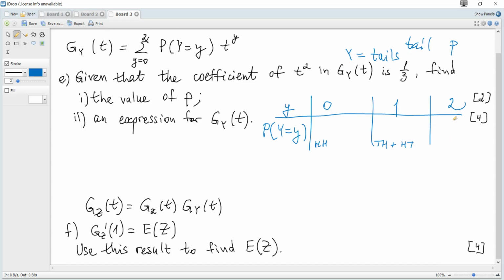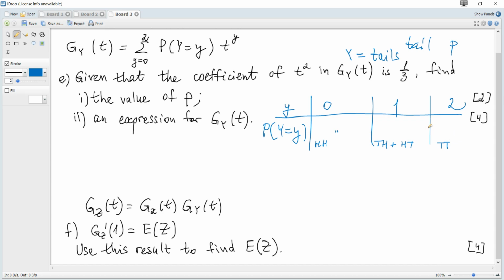And when y is 2, it means 2 tails, and the coefficient of t squared arises from this probability. And gy of t will be what? This probability times t to the power of 0 plus this probability times t to the power 1 plus this probability times t squared, and it is given that this probability is 1/3.